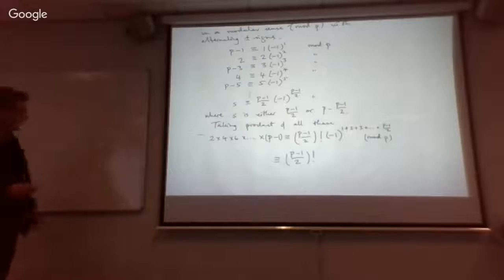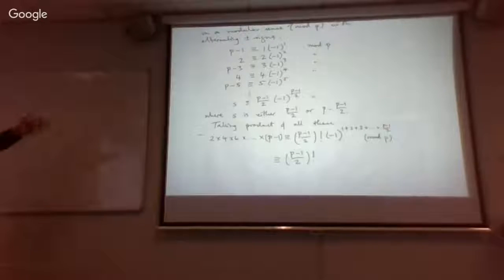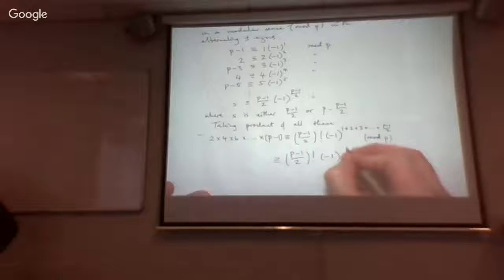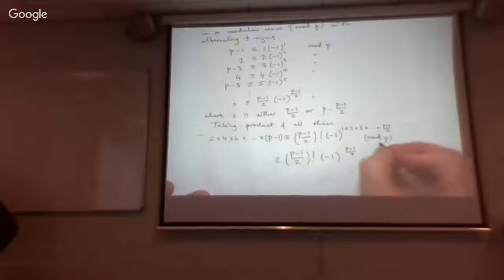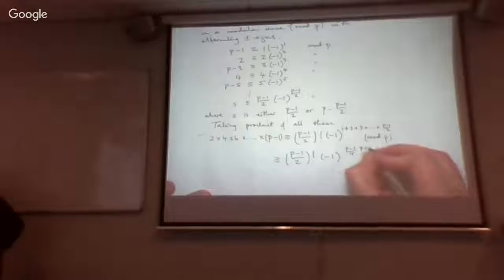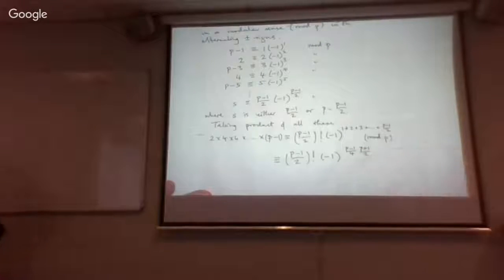So I just want to apply that here in the case where k is p minus 1 over 2. So k over 2 becomes p minus 1 over 4, multiplied by k plus 1, so it'll be p plus 1 over 2.